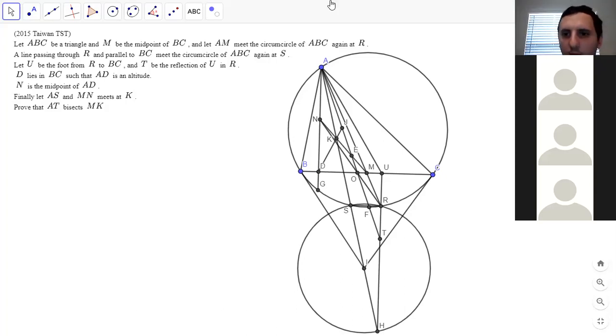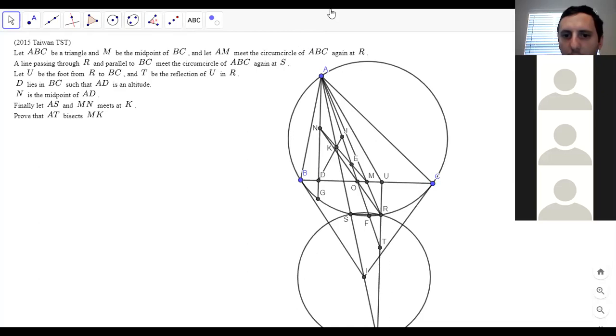Let's see. Are AK and AM isogonal? Yes, they are isogonal. Maybe we could also show DM over DU is DK over DJ.